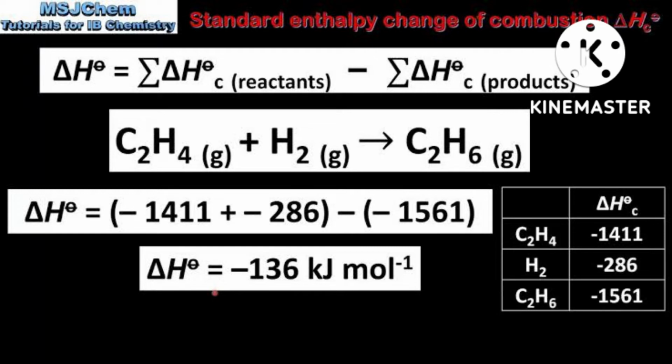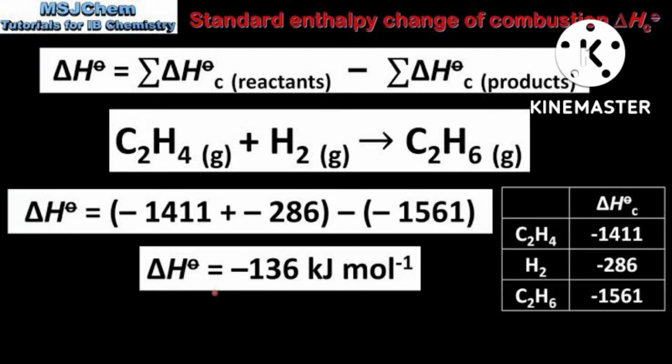Standard enthalpy of combustion is defined as the enthalpy change per mole, or per unit amount, of a substance when it undergoes combustion, with all the reactants and products being in their standard state at the specified temperature.